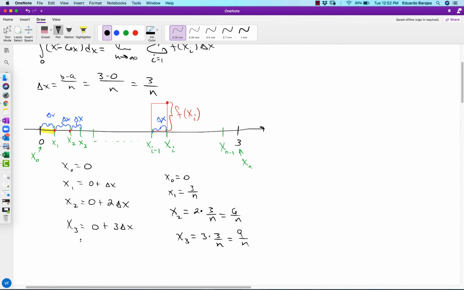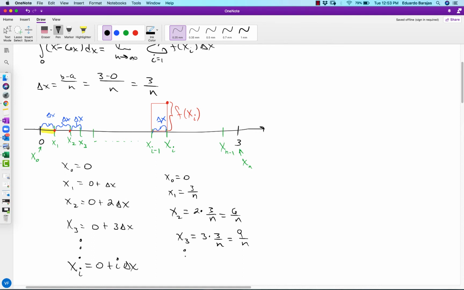And so that establishes a pattern. I'm not actually going to use these numbers. I need them to help me figure out what the pattern is going to be. And I can see that every time it's 0 plus this index multiple of delta x's. So when I get to the x sub ith one, then this is going to be 0 plus i multiples of the delta x.